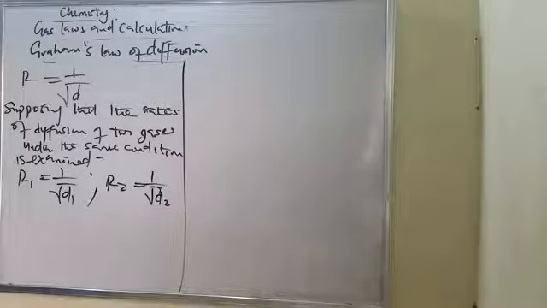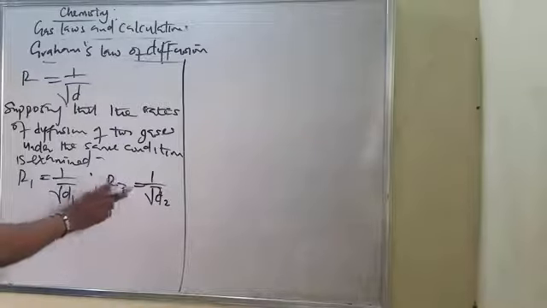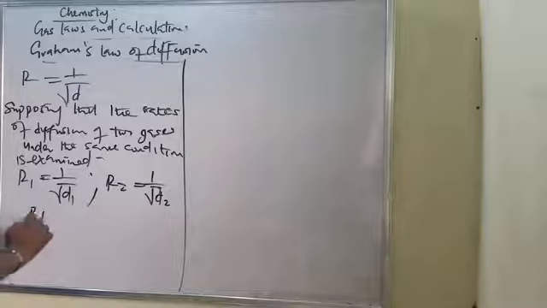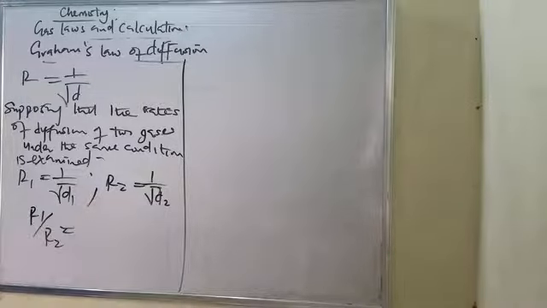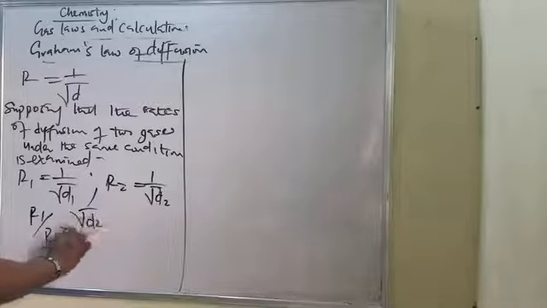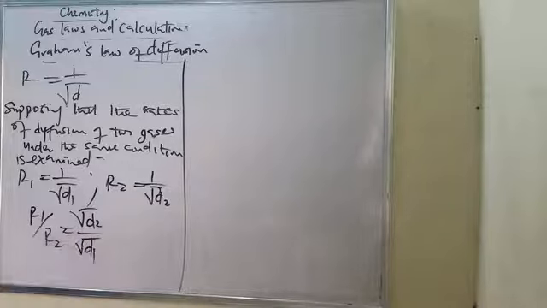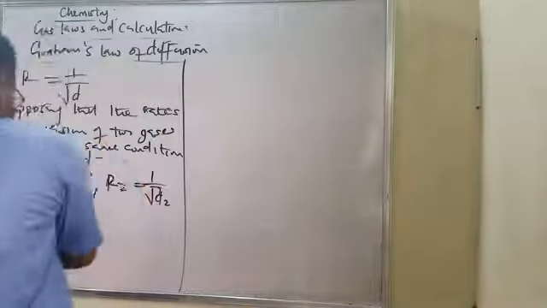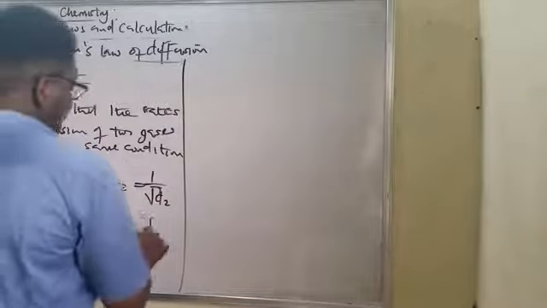If I combine these equations together, I have R1 over R2 equal to the square root of D2 over the square root of D1. That is gas 2, gas 1, rate 2, rate 1. Remember now, this is one formula.